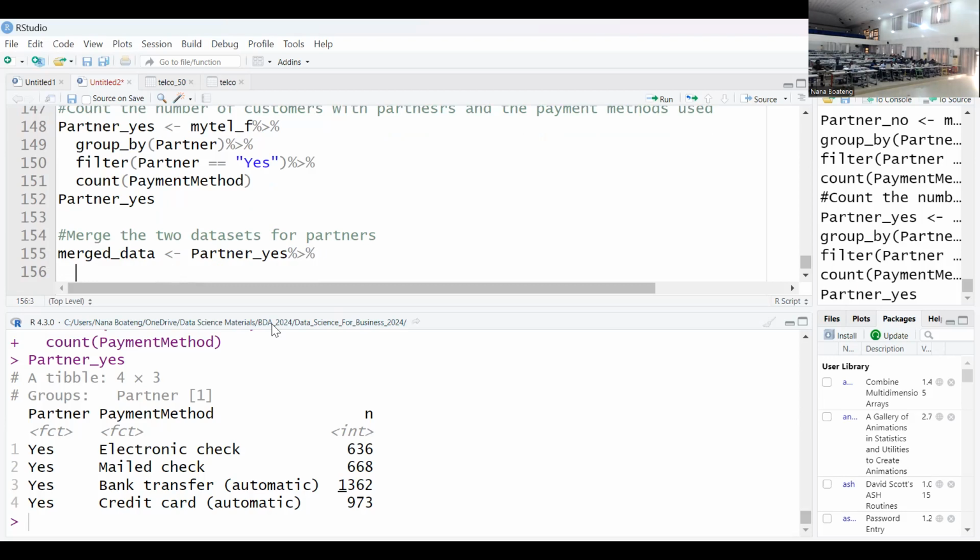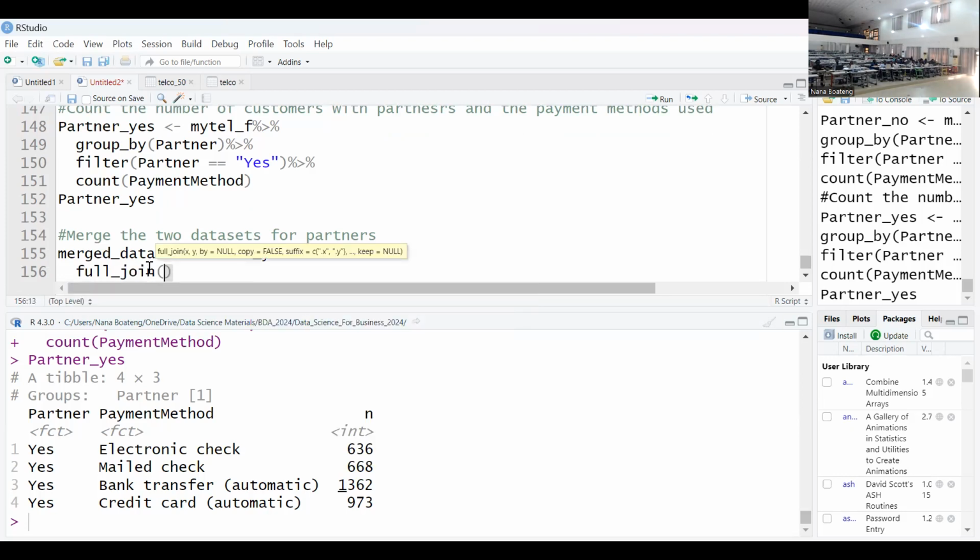We are joining the data sets together. All right. There are different types of joins. Okay, but for our purposes, we are using full join to merge the data. Okay. So we are merging the yes with the no. Okay. So full join. So you see that this is part of the verbs for dplyr.